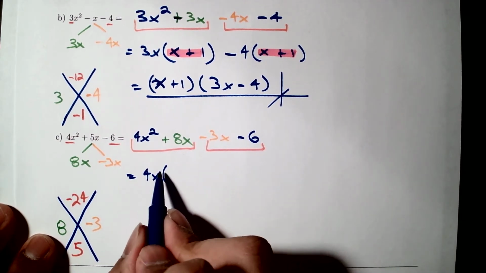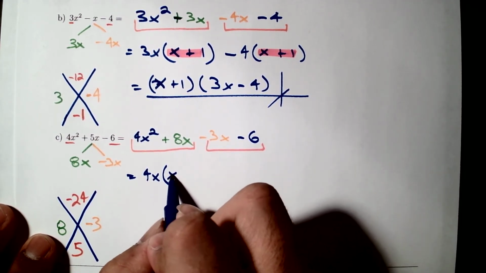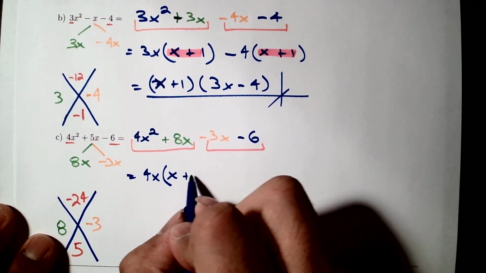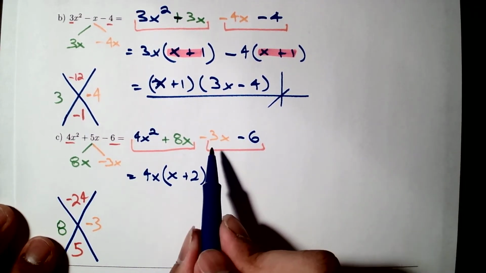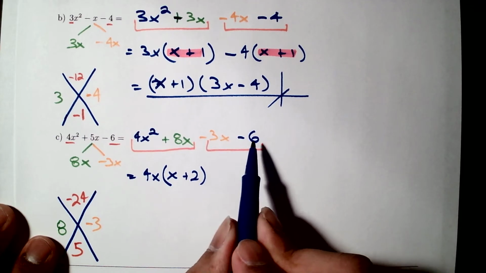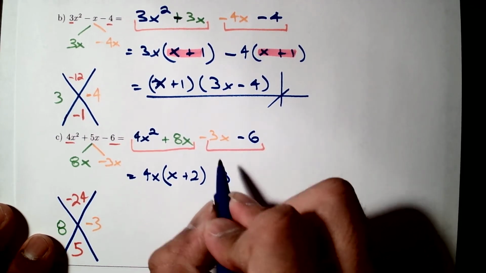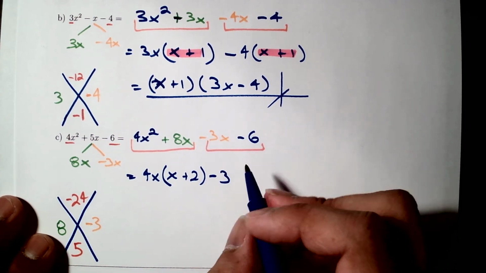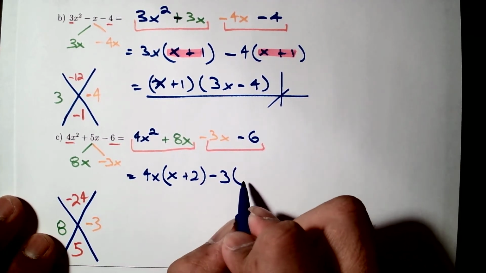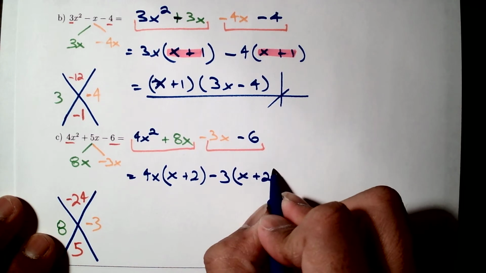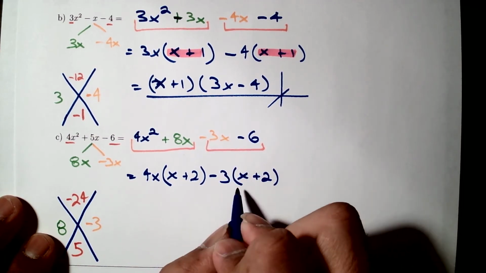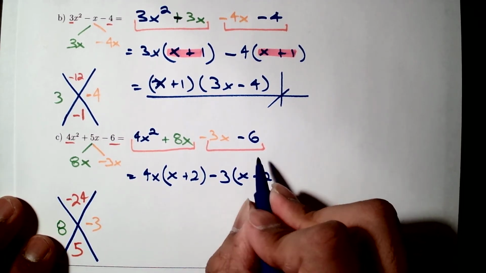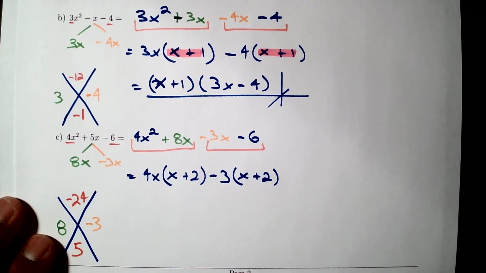And when we factor out the 4x, we are left with x plus 2. And then the GCF for the second group is only the number 3. But notice they both have the negative sign in common as well. So negative 3 times x plus 2, because negative 3 times x equals negative 3x, and negative 3 times 2 equals negative 6.